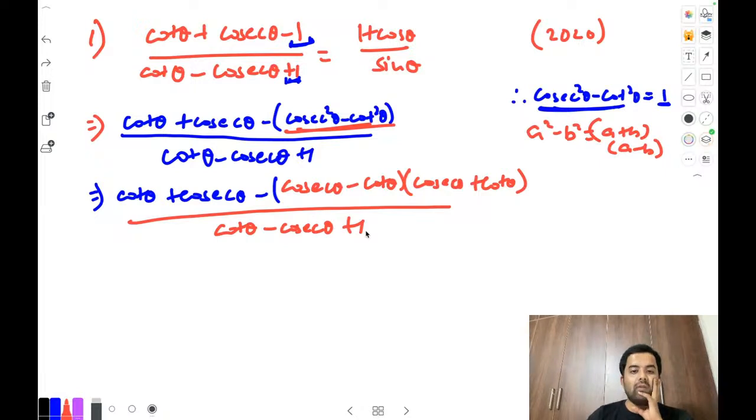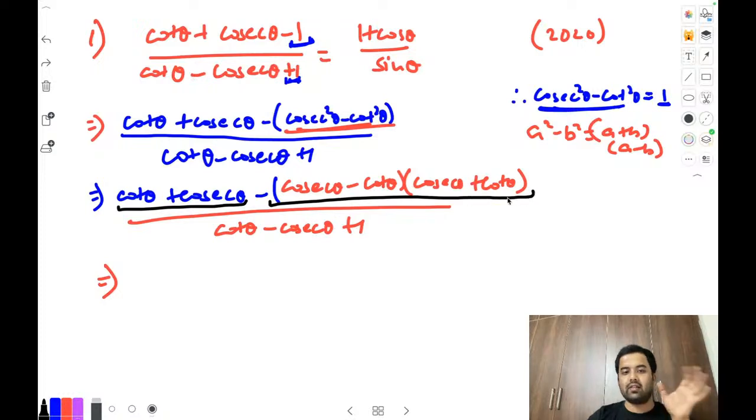Now what can we do in the next part? Let's take something common here. If you see here, this is one term, and this part I'm underlining is the second term. So what can we take common from these two? Can we take this part, which I'm keeping in a bracket, as common for both?